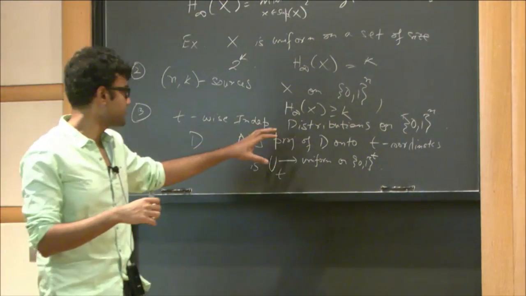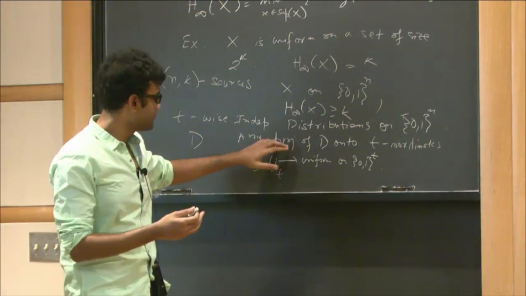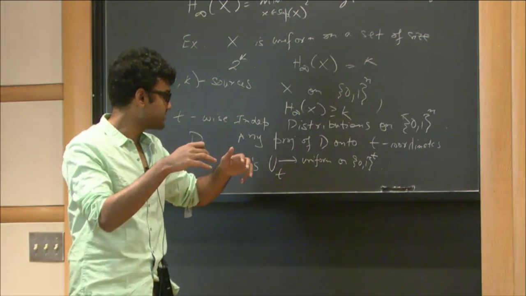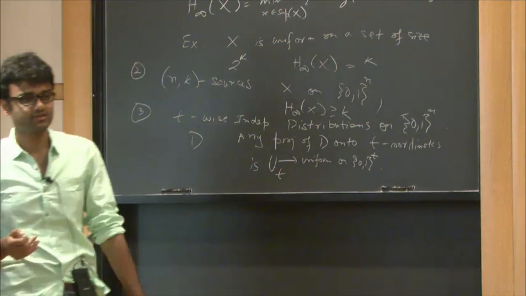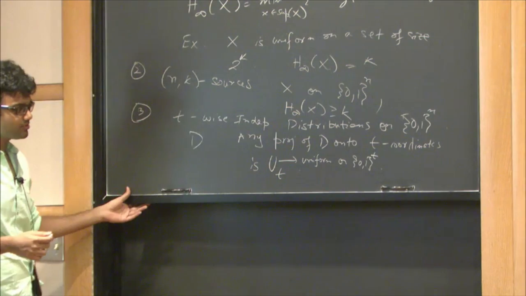So any projection of this distribution D onto t coordinates is the uniform distribution. So these are t-wise independent distributions.